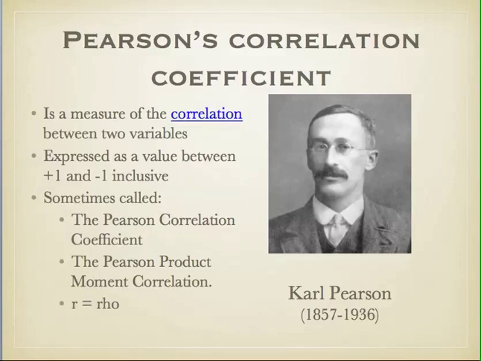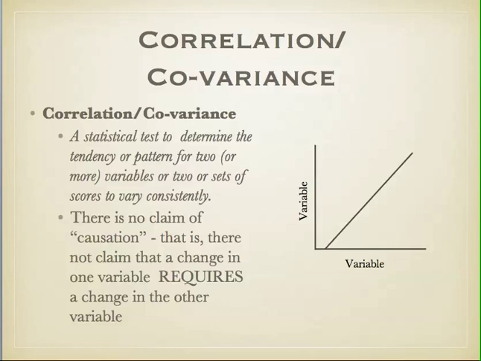Oftentimes it's just called a correlation, and it's signified by a lowercase r, which is the Greek expression for the letter r, called a rho. That will be the symbol that you oftentimes see to indicate what a correlation is.